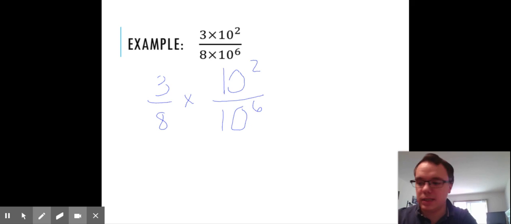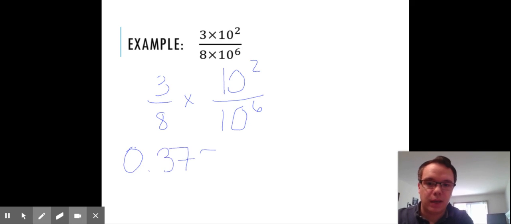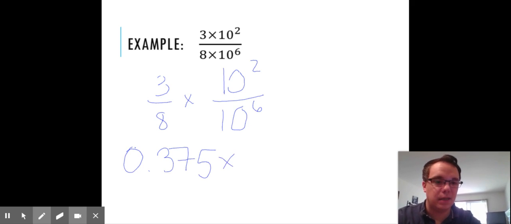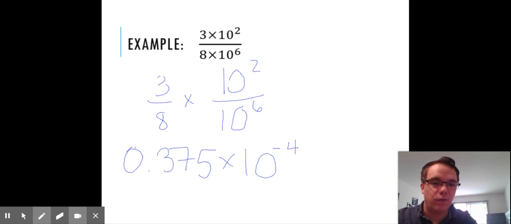If we take 3 and divide it by 8, we get 0.375. And if I take 10 squared and divide it by 10 to the sixth, we're dividing two powers with the same base. So we're going to subtract our exponents, so our base stays the same. And if I subtract my exponents, 2 minus 6 is negative 4.